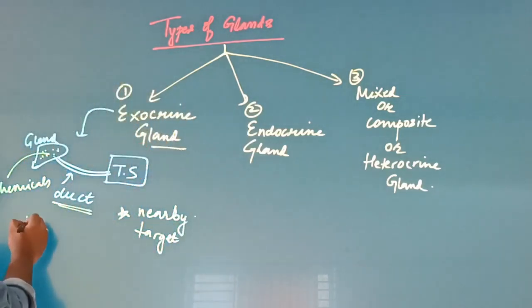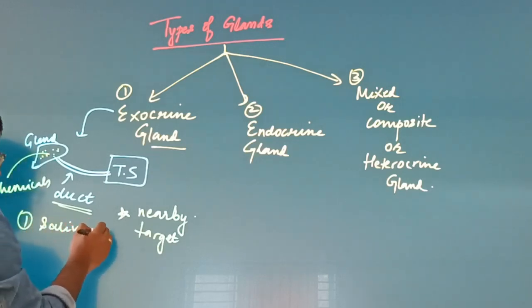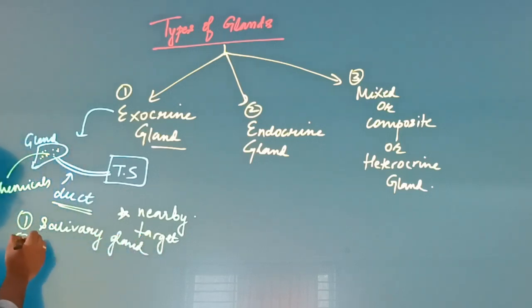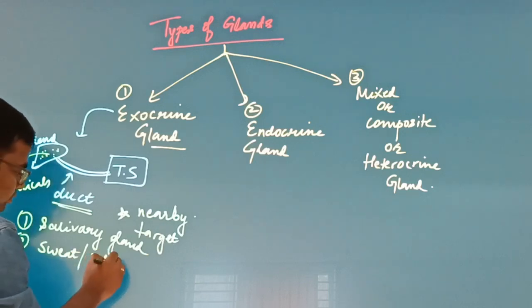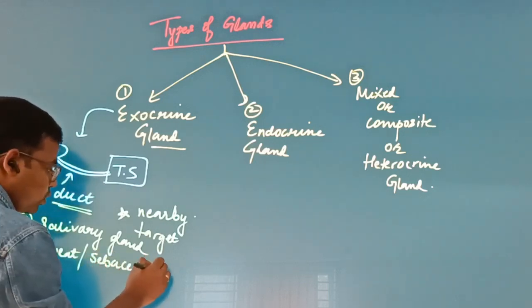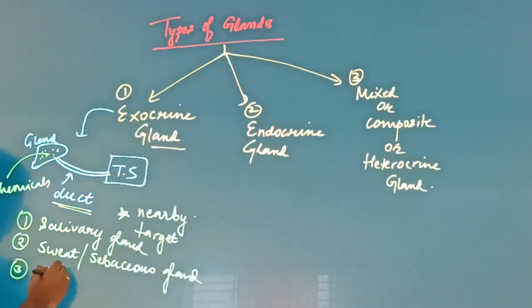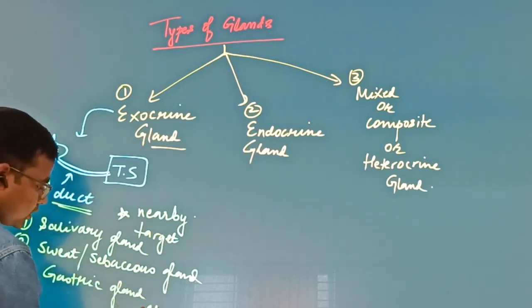So we can take some examples. Salivary gland falls in this category. Sweat or sebaceous gland also falls in this category. Gastric gland also falls in this category. And there are so many other examples.